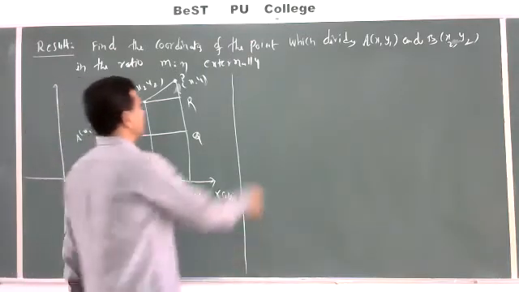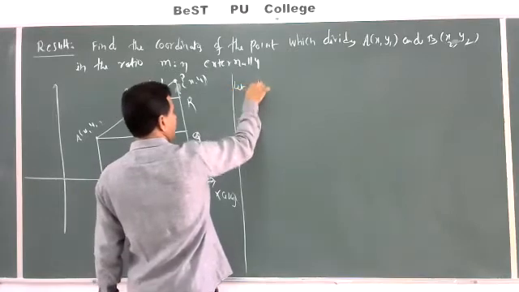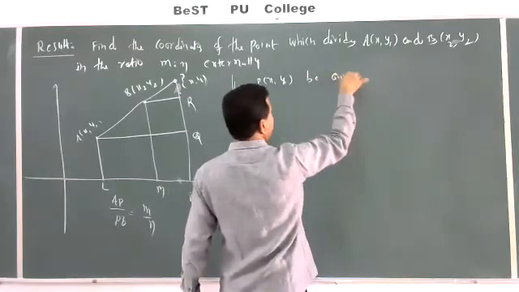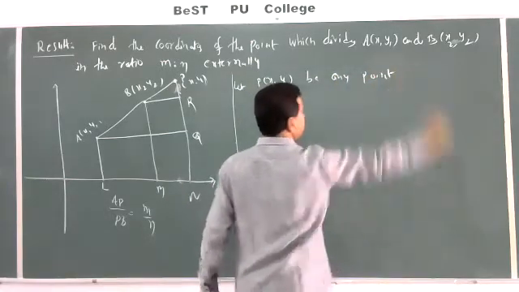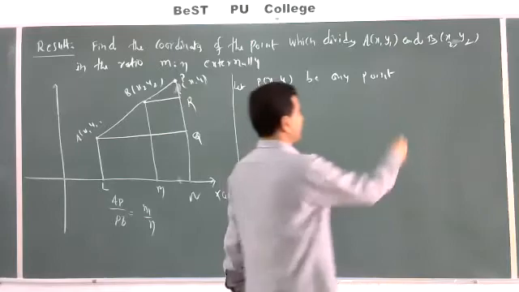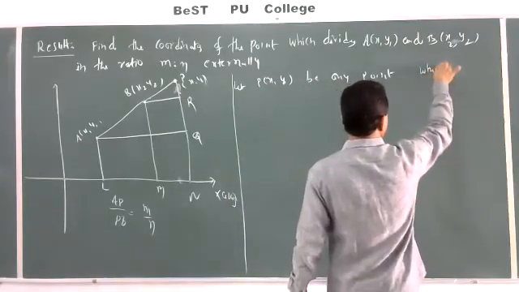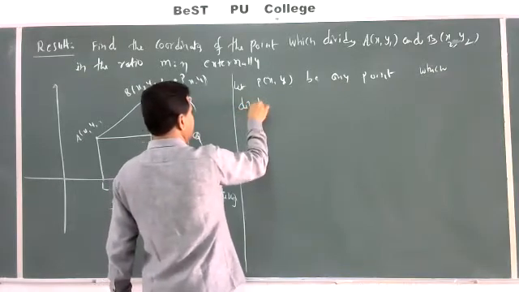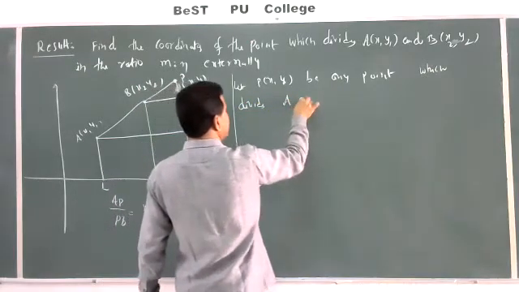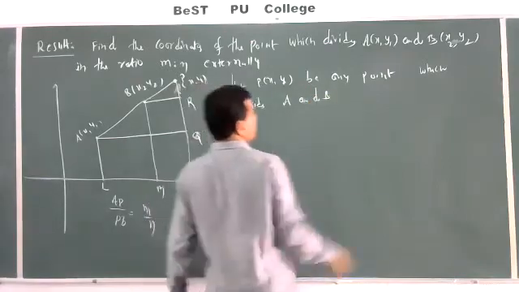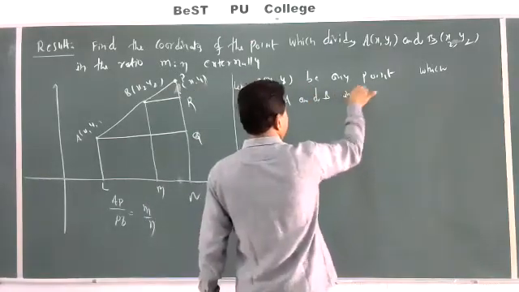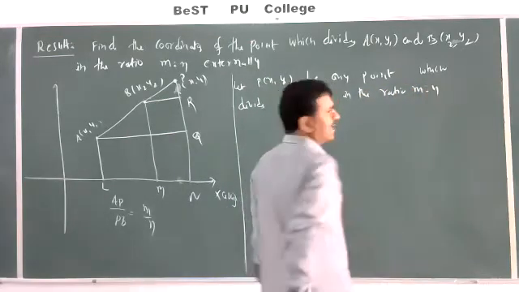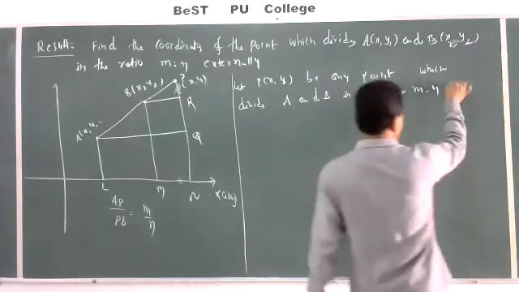Let P(x, y) be any point which divides A and B in the ratio m:n externally.